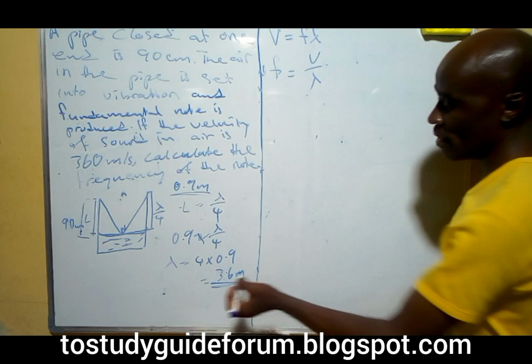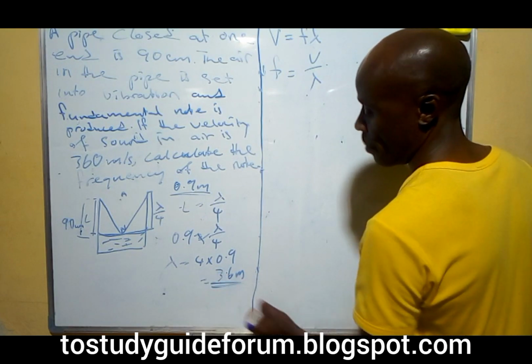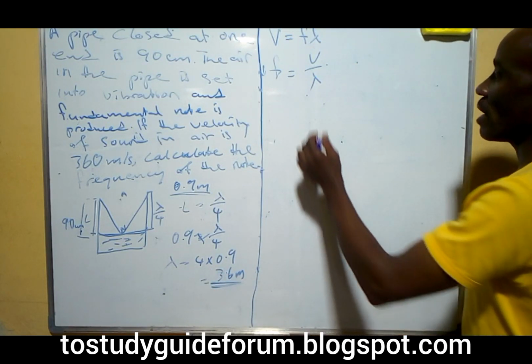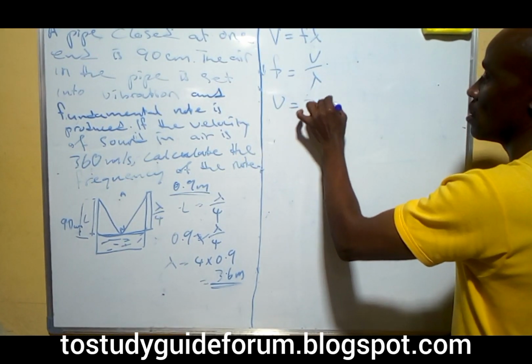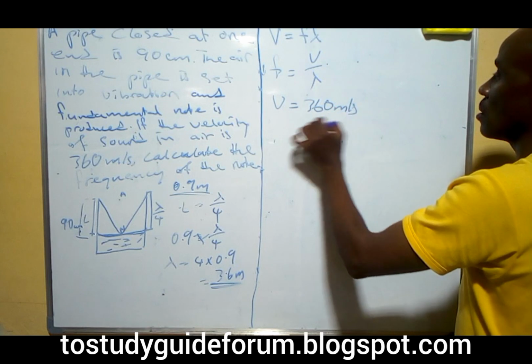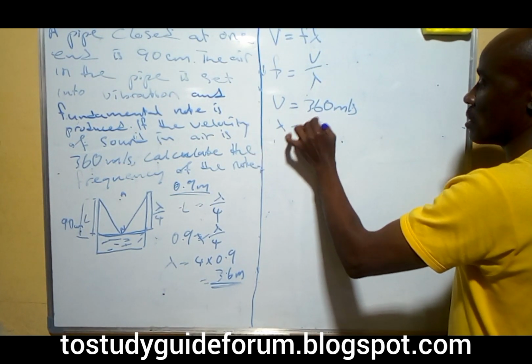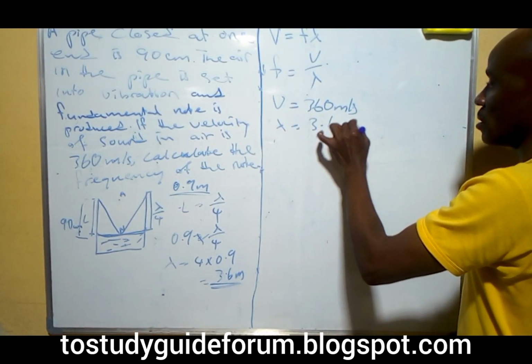Our lambda is 3.6 meter, and the velocity is what?